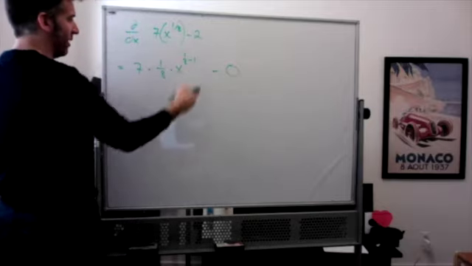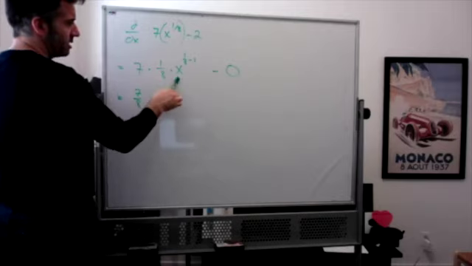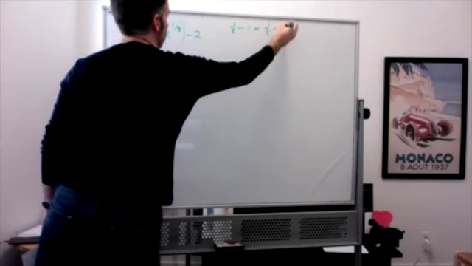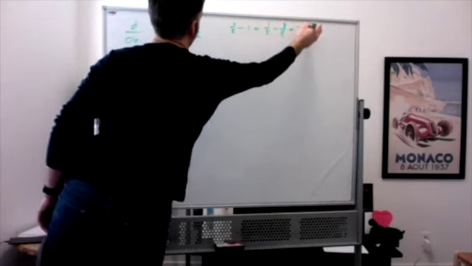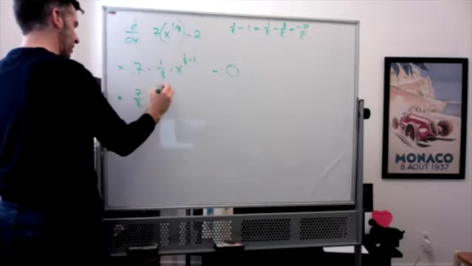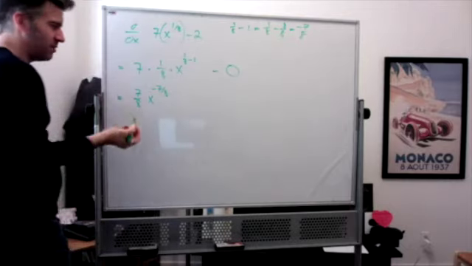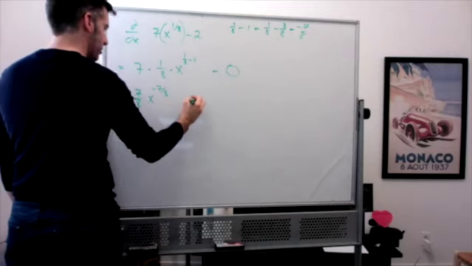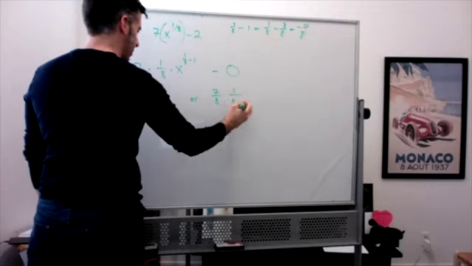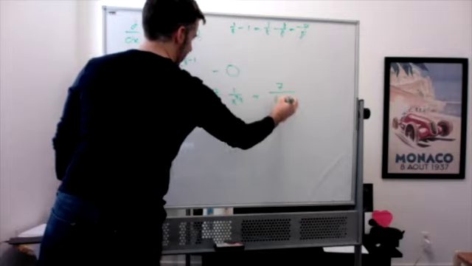So then we should simplify this. 7 times 1/8 is 7/8. And x to the 1/8 minus 1, 1/8 minus 8/8, is negative 7/8. So I should write this as 7/8 times x to the negative 7/8. Some people prefer to write this as 7/8 times 1 over x to the 7/8, or 7 over 8x to the 7/8.